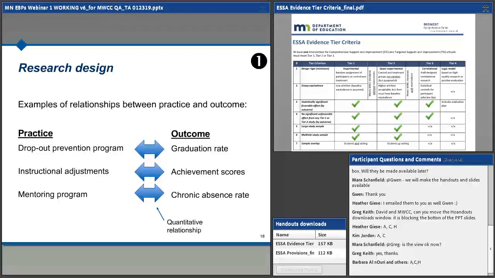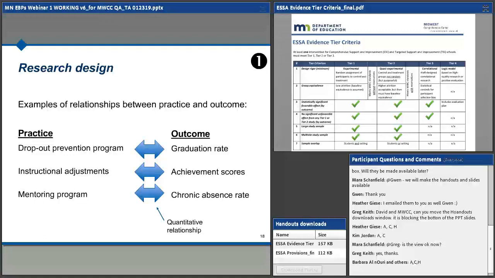Some examples of the relationship between a practice and an outcome are a dropout prevention program increasing graduation rates. A practice might be instructional adjustments, which have an impact on the outcome of achievement scores, or mentoring programs might impact chronic absence rates.